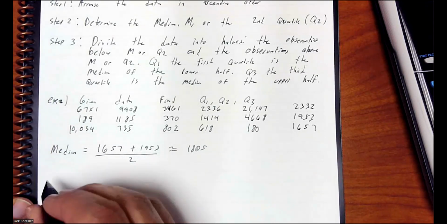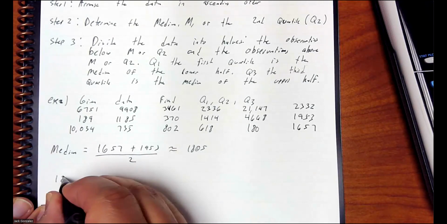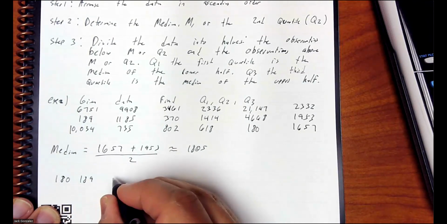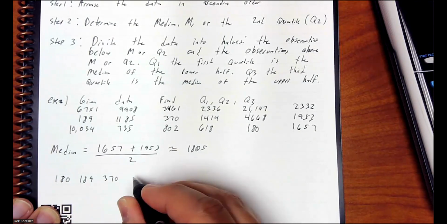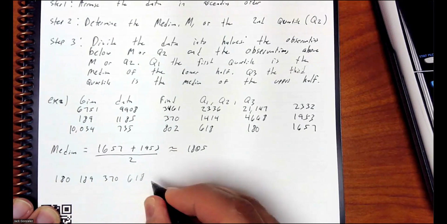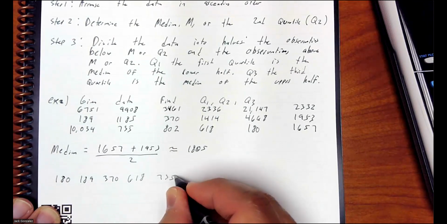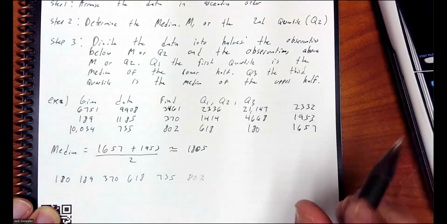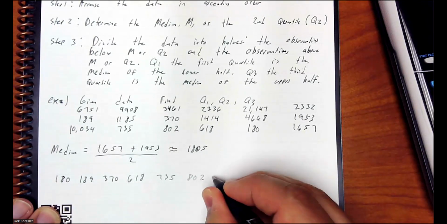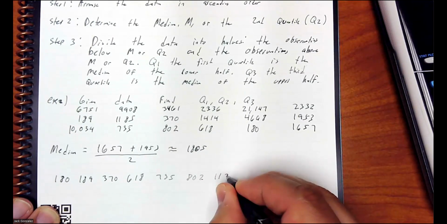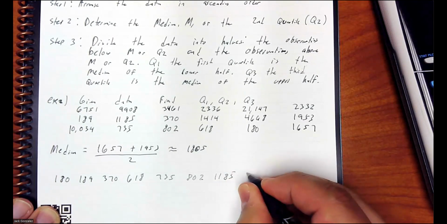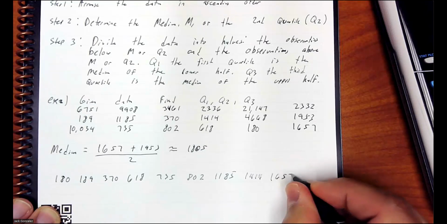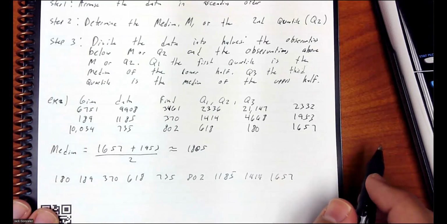So cut the bottom part in half, so the data in half. These are just coming from here, but they're in order all the way up until the 1657.